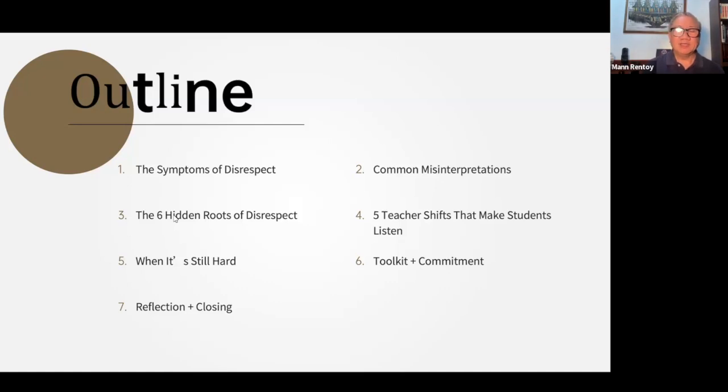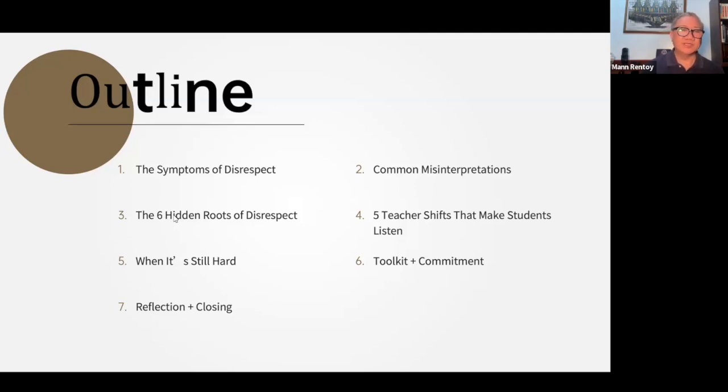And then behind the disrespectful stance, attitude, behavior of a student, there are six hidden roots that we will look at. And then I'm going to share with you five teacher shifts that make students listen. Number five, what if it continues to be difficult?